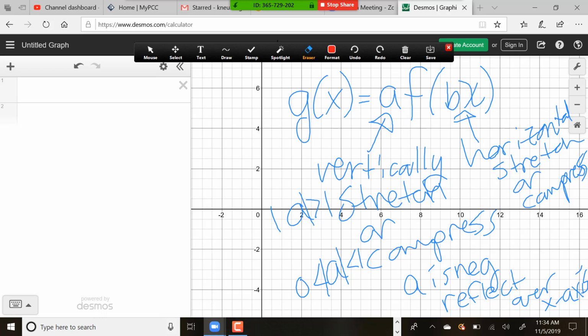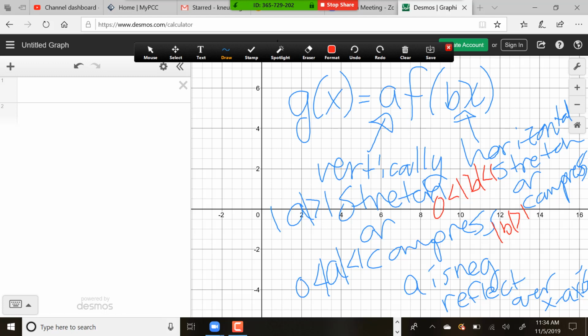If your absolute value of b is greater than 1, it's actually compression, and you're going to take your x-coordinates and divide by that b. If the absolute value of b is less than 1 and greater than 0, then that's going to be a stretch. It's going to make things take longer.